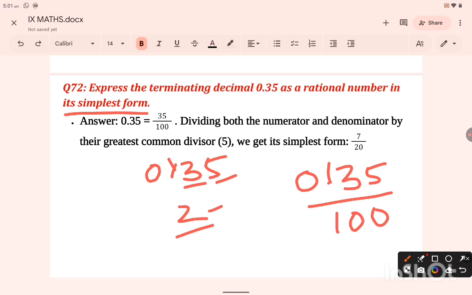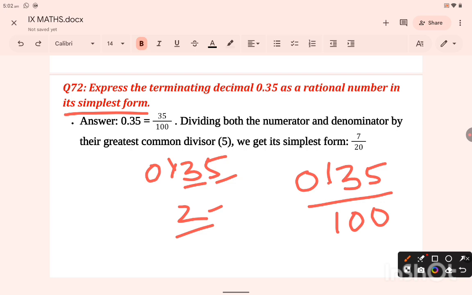When the decimal part has 3 digits, we keep 1 followed by 3 zeros. When the given decimal has 4 digits, we keep 1 followed by 4 zeros, like this.